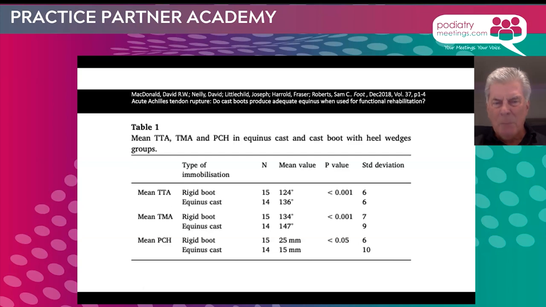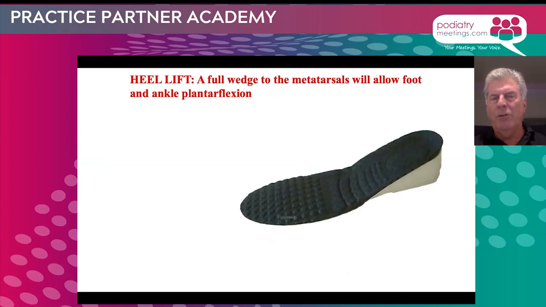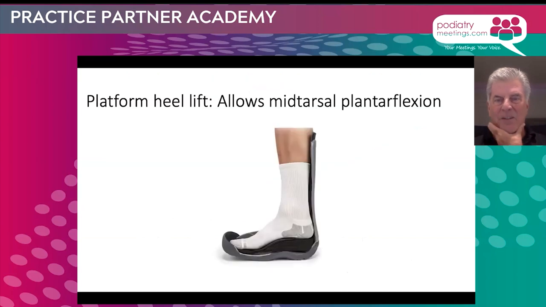So basically it kind of reproduced what we saw in the other study, but unfortunately condemned the use of heel lifts in general, when really some of these lifts probably performed okay if they were a pure incline. So what we've learned from this research is we need a full-length tapered wedge without a platform, and it should extend all the way to the metatarsal heads.